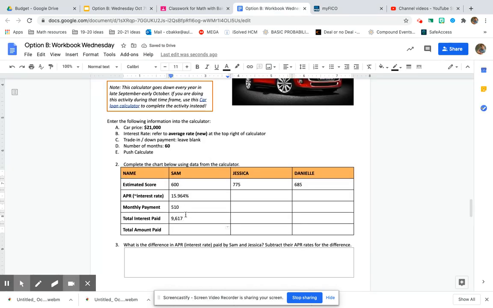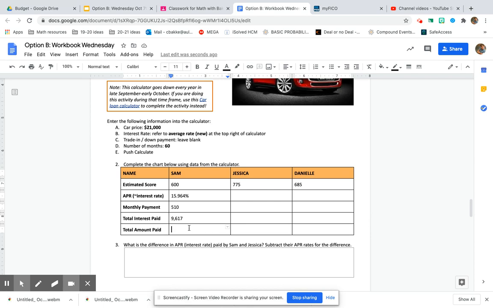And guys, to get your total amount paid that you ended up paying for the car, you have to take your principal, which is the actual amount for the car, and you have to add it to the total interest paid, which, remember, is just the fee that the bank charges you for giving you so much money up front. So you have to pay the bank back for the principal of $21,000 plus the total interest paid.